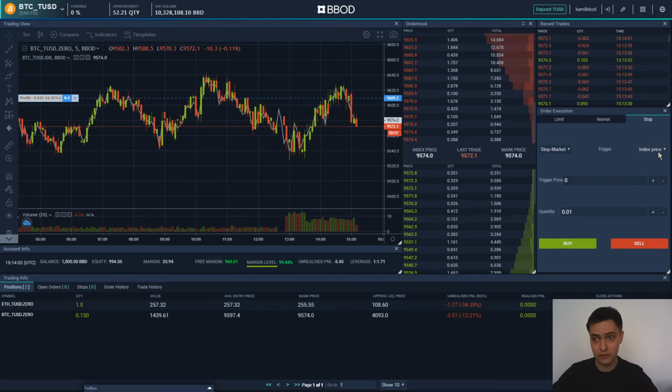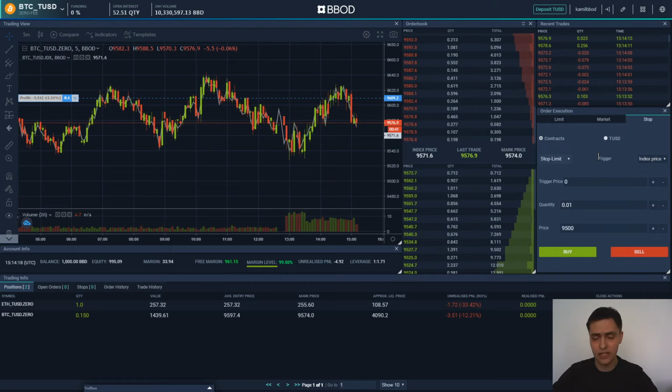We have three trigger prices, so you can set this to index price, mark price, or last price. You can see all of these in here, so you can pick which trigger price you want to use.